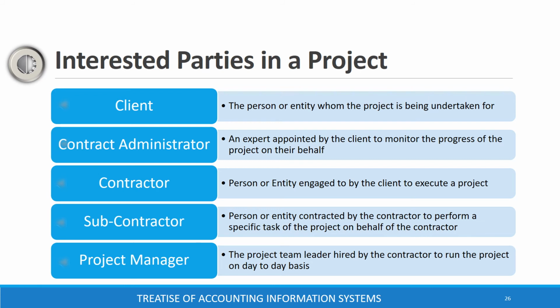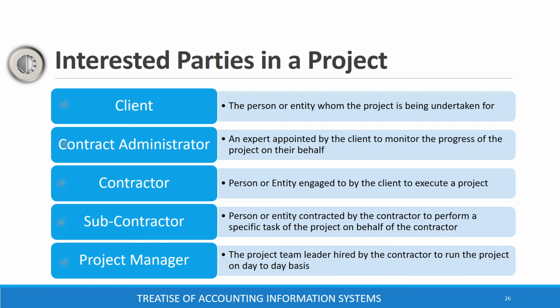Contract administrator is an expert appointed by the client to monitor the progress of the project on their behalf. Contract administrator is responsible for issuing certificate of works completion. Contractor is the person or entity engaged by the client to execute the project.